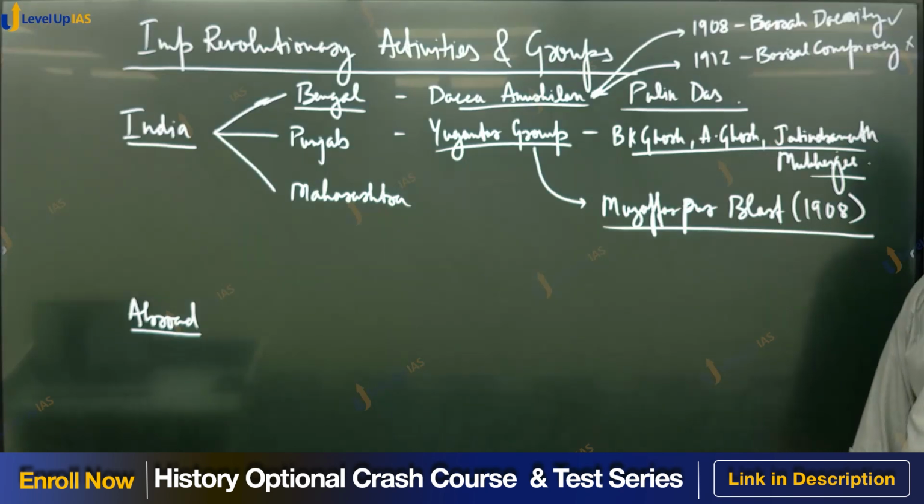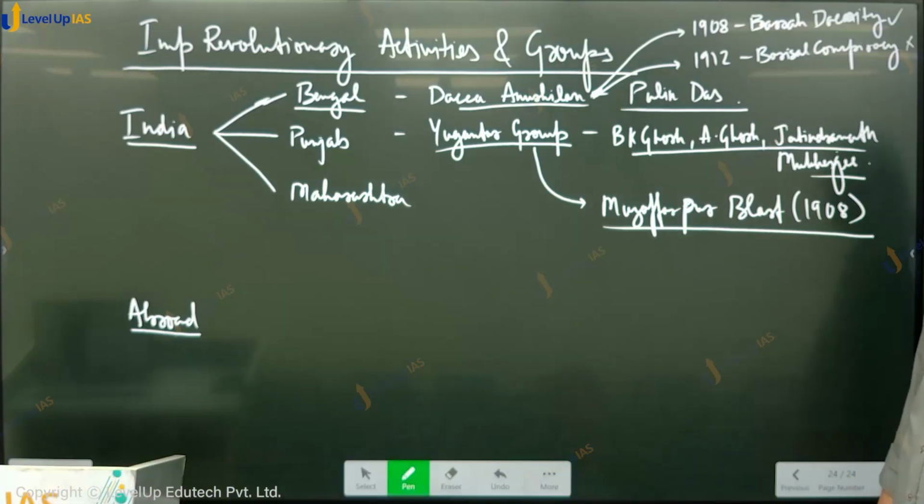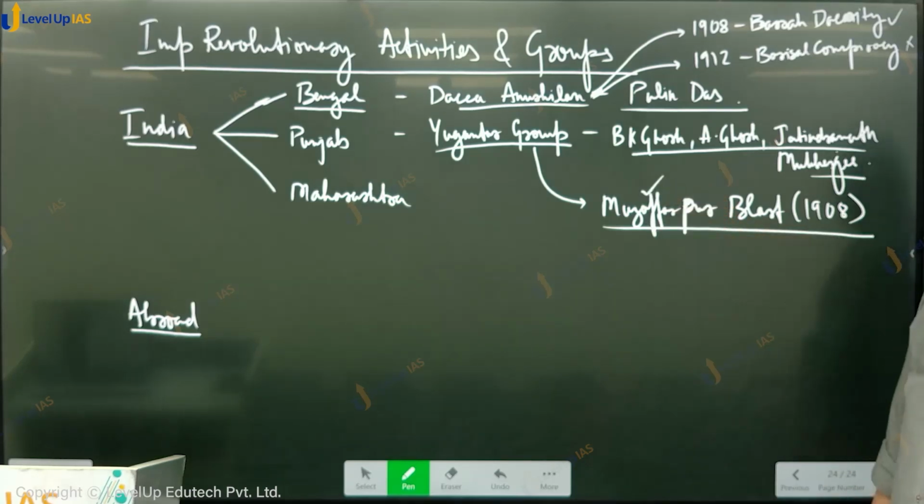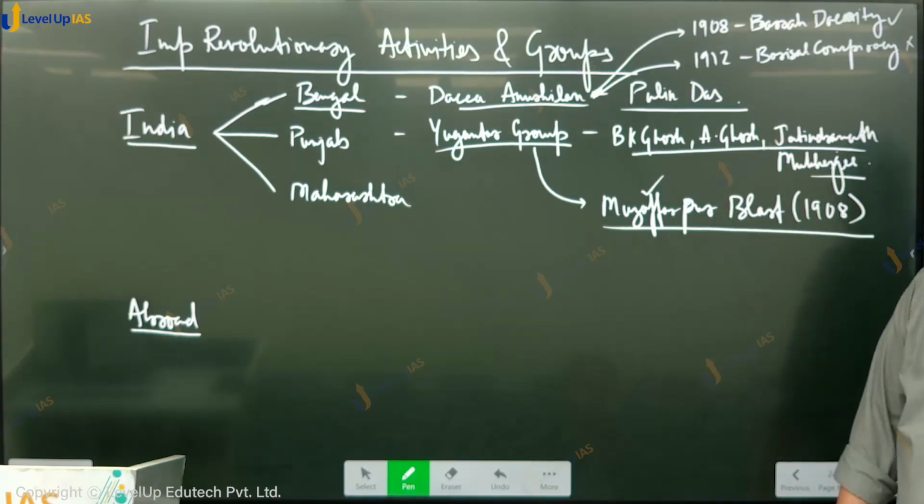To assassinate an unpopular and sadistic British judge named Kingsford, who was the district judge of Muzaffarpur. By accident, the two revolutionaries threw a bomb on a carriage that was carrying two English women. They died. Praful Kumar Chaki was arrested and hanged, while Khudiram Bose committed suicide.